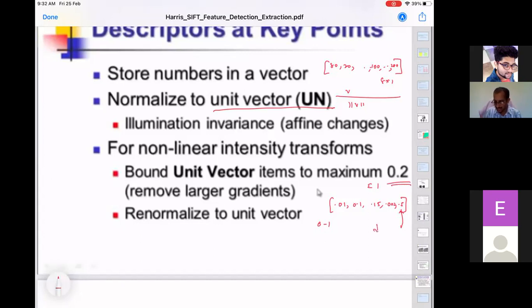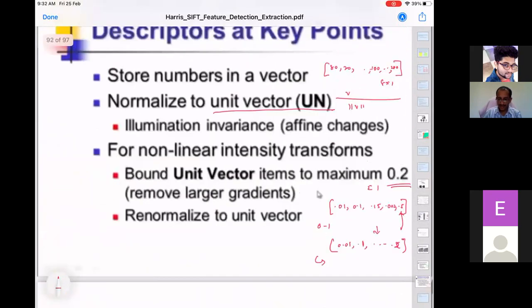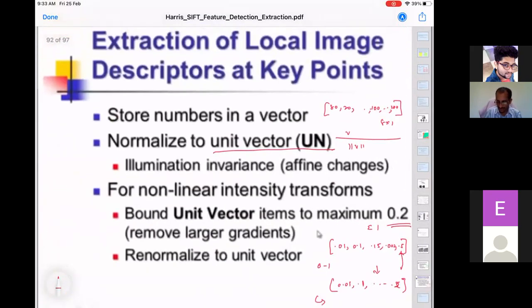That means this is clipped such that the maximum value is 0.2. And then they renormalize again so that the sum of these elements is 1. So this is how they construct the feature vector, the feature descriptor.